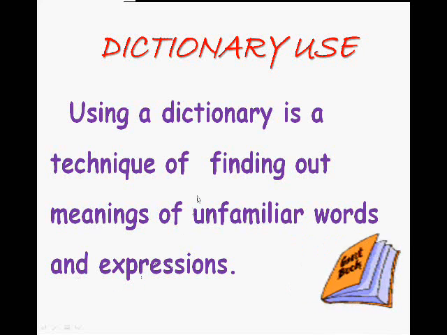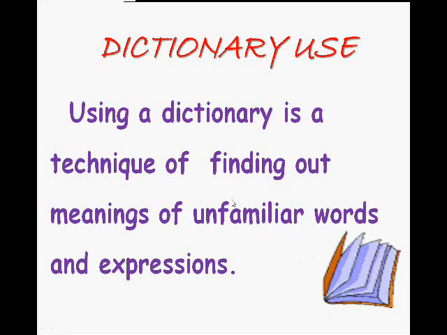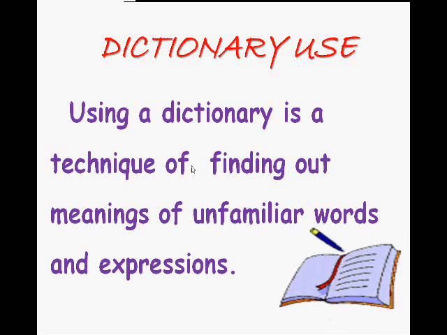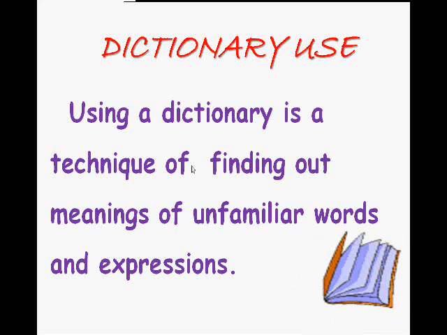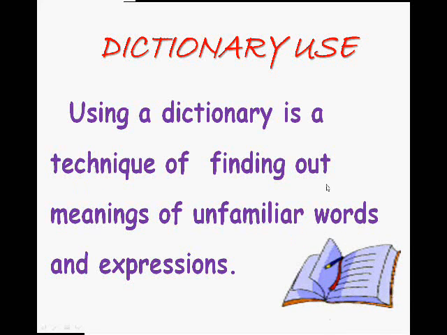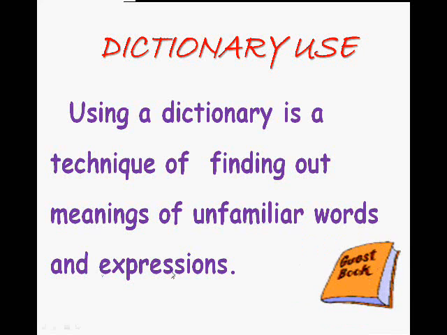And of course, most of you use dictionaries, either English dictionaries or English-Arabic dictionaries, or sometimes vice versa, Arabic-English dictionaries. So you just use them in order to find out meanings of unfamiliar words and expressions.